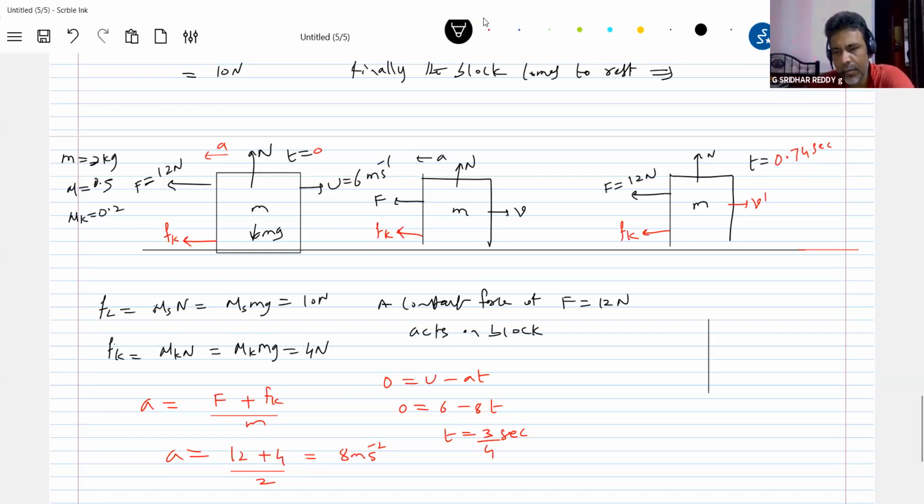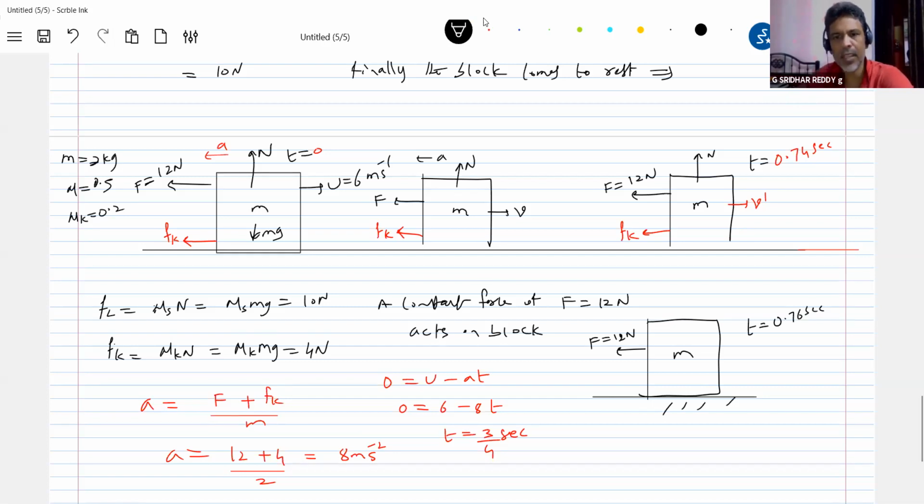At t equal to, tell me, anybody, how should the direction of friction be? Should be towards right, no? And now, sir, why not static friction? Look at the applied force, greater than limiting. At t equal to 0.75, it will come to instantaneous rest.